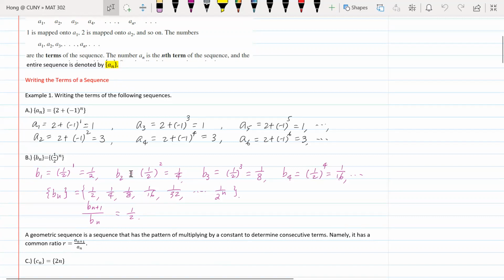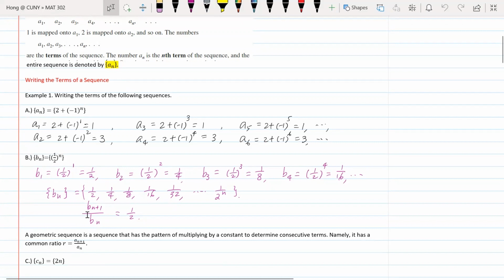So the second term equals the first term times 1/2, and the third term equals 1/2 times the second term.